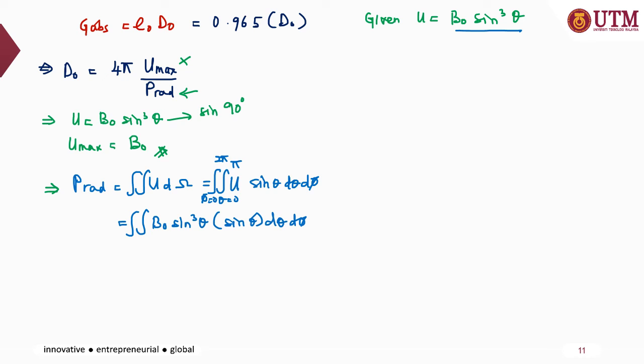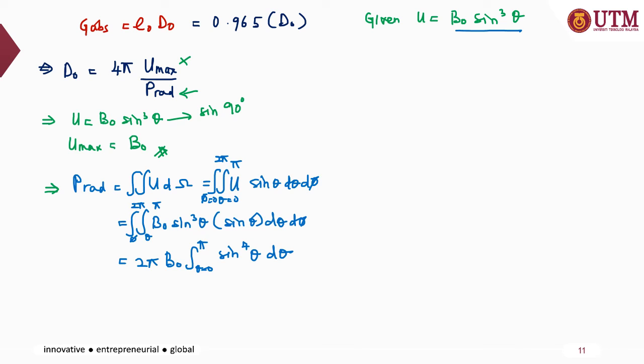So integrate over theta and also phi. The phi integral reduces to 2 pi, and you are left with 2 pi B naught times the integration of theta from 0 until pi of sine to the power of 4 theta d theta.